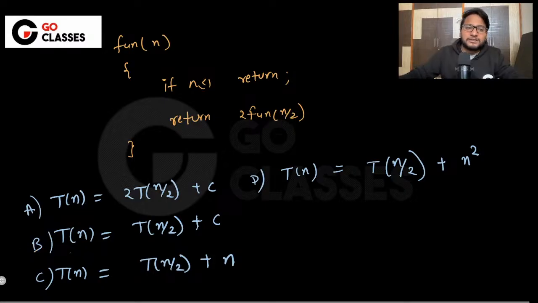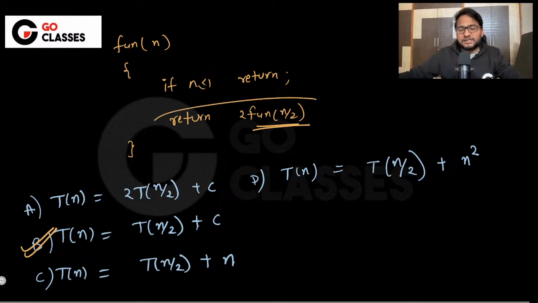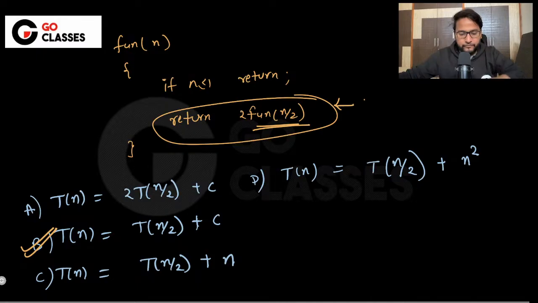But let's suppose here I say this is plus fun of n by 2, so I call it twice. Then what will the answer be? Then in that case, A is the answer, right? If I'm calling it just one time, then B is the answer.